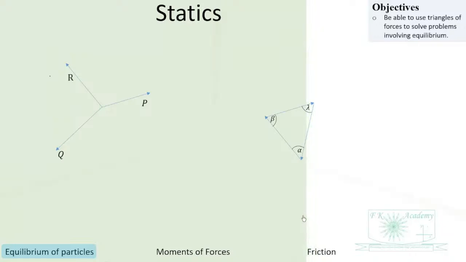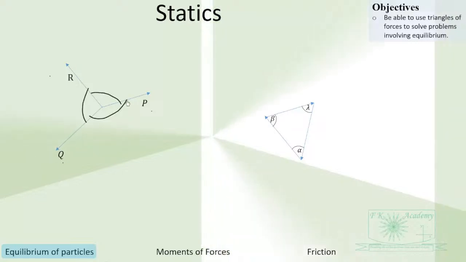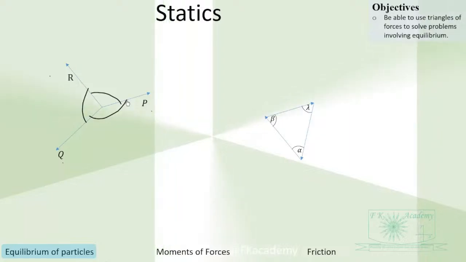Now let's consider the case where the triangle is not a right angle triangle. So in this case, we have forces R, P, Q, and we see that the angle between them, none of them is a right angle. So how do we solve this? We can also draw the triangle of forces, as you can see in the diagram.